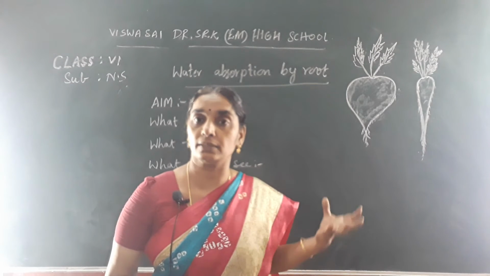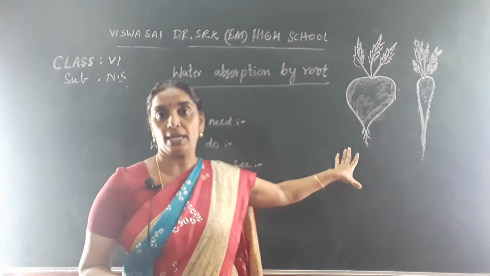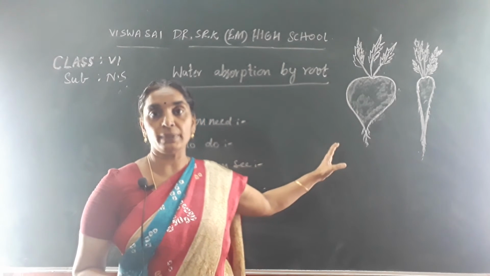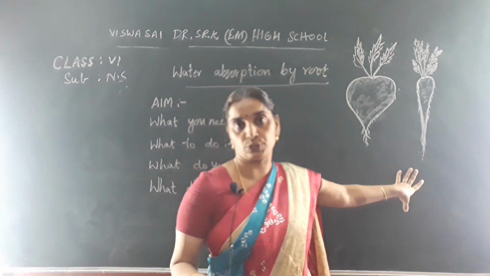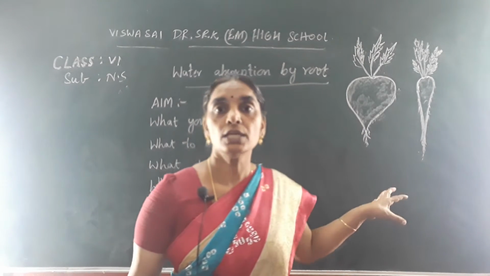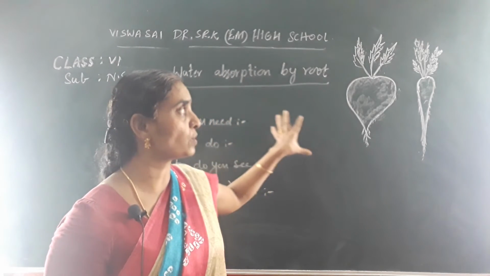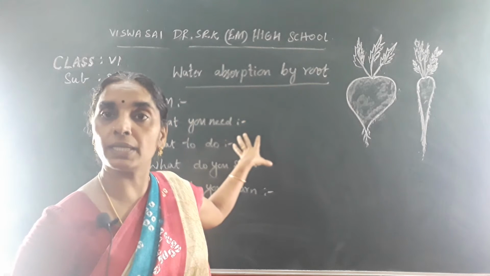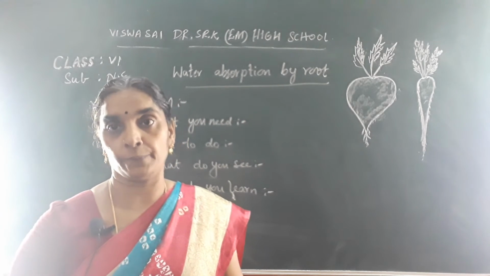In plants like turnip, carrot, beetroot, the roots store food material, so these are called tuberous roots. What are they called? Tuberous roots.